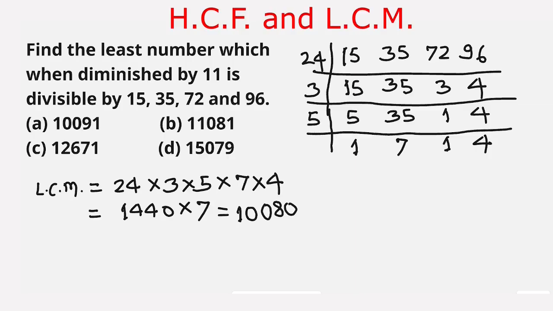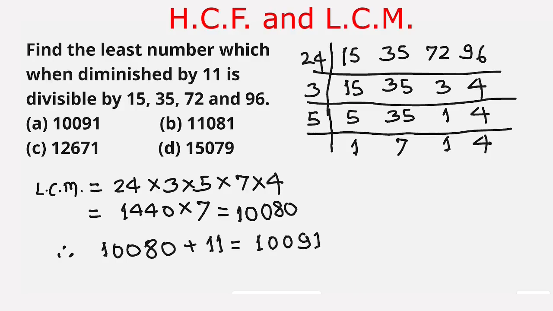Now, as per the condition given in the question, we have to add 11 to this number. Therefore, 10080 plus 11 equals 10091.